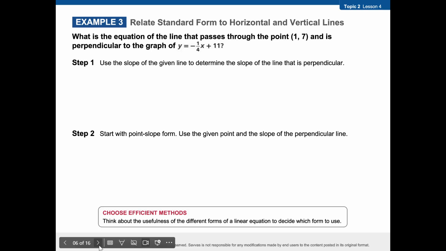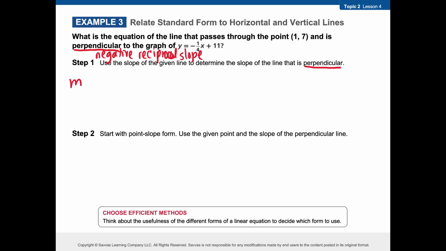So here's the same concept. What would now be an equation of a line that passes through the point 1, 7 and is perpendicular? So now we are looking for the negative reciprocal slope. So step 1, use the slope of the given line to determine the slope of a line that is perpendicular.